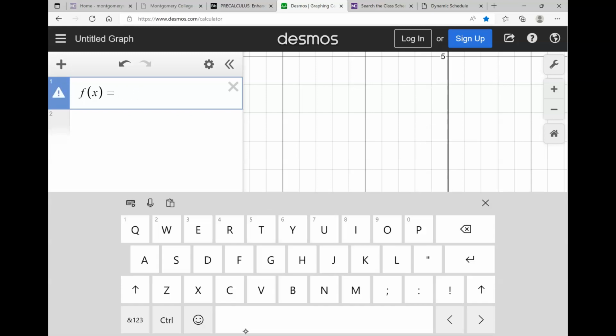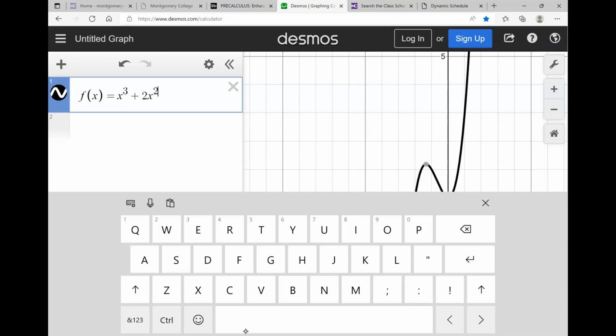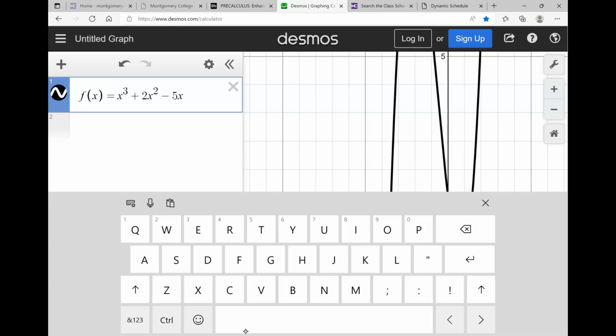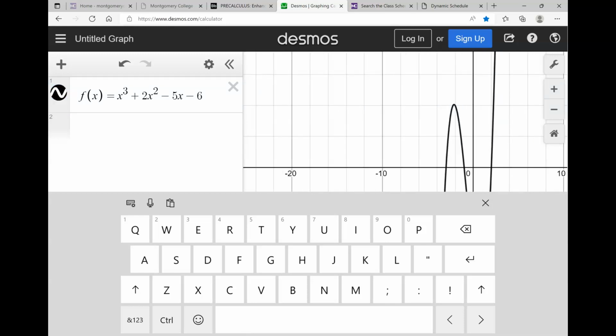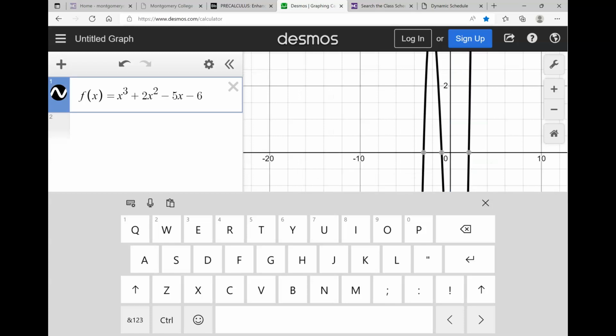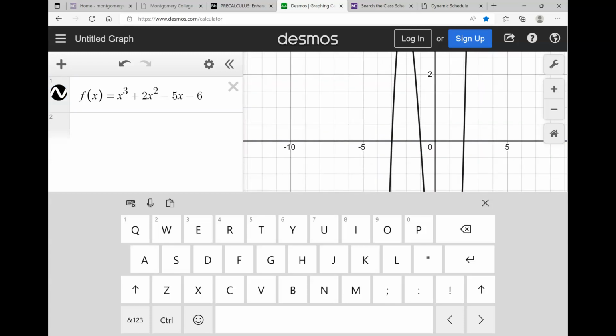So I have x cubed plus 2x squared minus 5x minus 6. And then I'm asking you, can you see a 0?